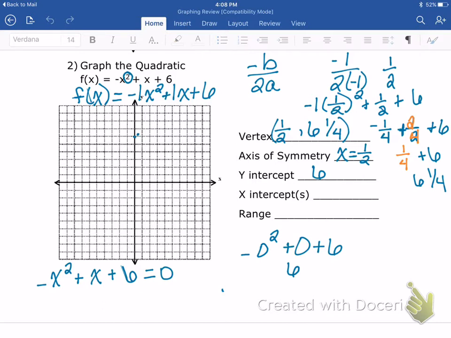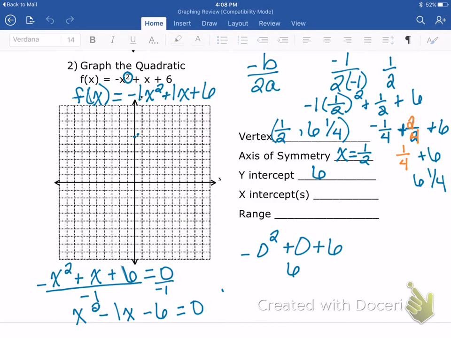So what I'm going to do is just divide everything by negative 1. I have divided the entire function by negative 1. So this becomes x squared minus 1x minus 6 equals 0. Okay, so that's what's happening right there. Now, this is easier to factor because we have an a value that's positive 1.